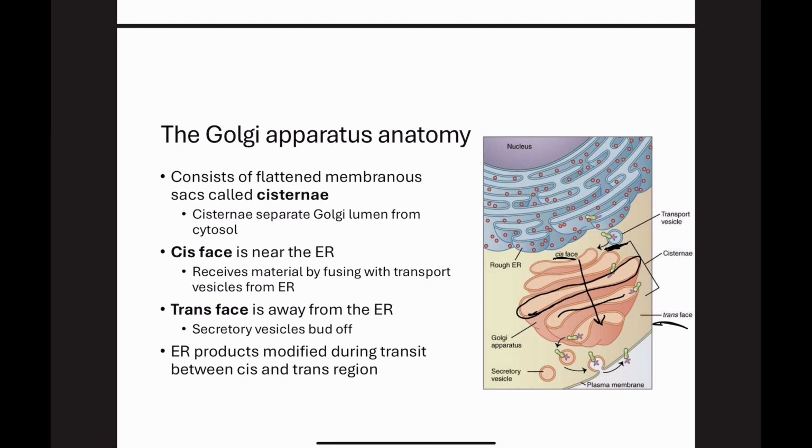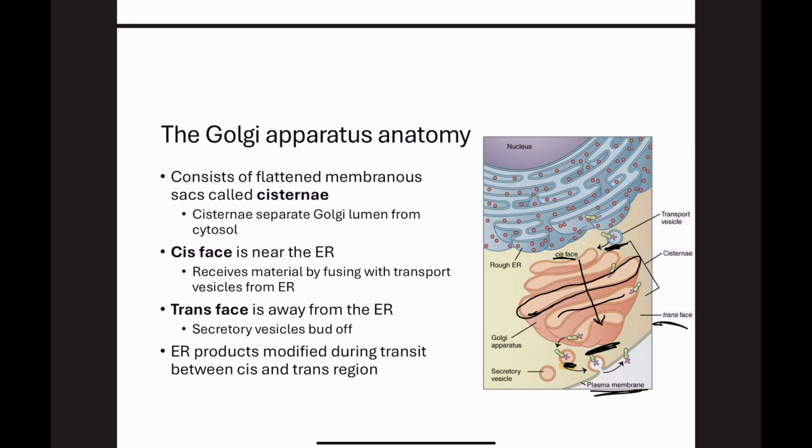The Golgi apparatus is also going to play a really important role in modifying the carbohydrate portions of glycoproteins. And the Golgi apparatus also has the capability to synthesize its own macromolecules. But the final products are going to be secreted from the trans face of the Golgi inside of transport vesicles, and then these transport vesicles eventually are going to fuse with the plasma membrane or with other organelles.